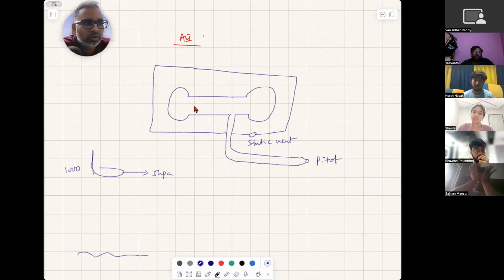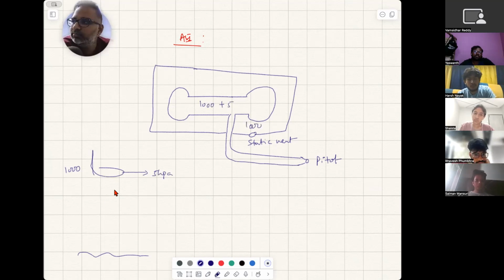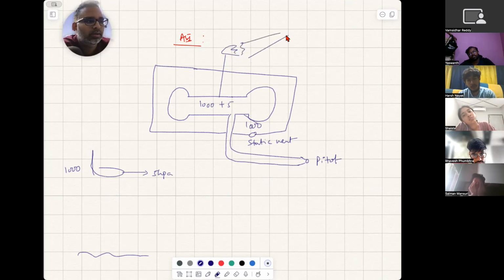So inside the pitot tube, what is the pressure? 1000 plus 5. In the static vent? 1000. Got it? Okay. Now this is showing, let's say, it is cruising at 100 knots.